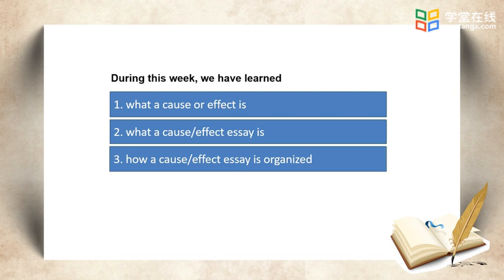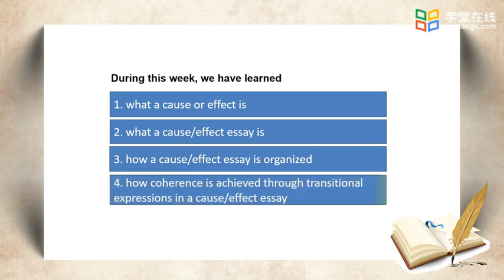The first is the block organization pattern, and the second is the chain organization pattern. The chain organization pattern is used when causes or effects are linked directly in a sequence, with one leading to another and another. However, the block organization is for causes or effects which are not linked directly.